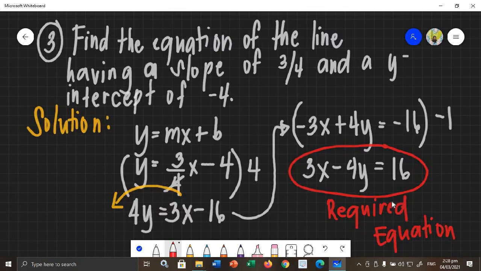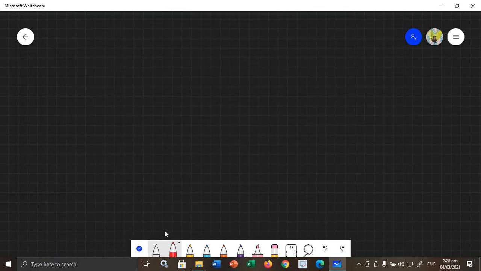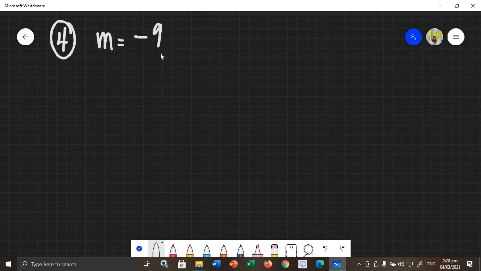Okay, how about for our last example? Let's say we will find the equation of the line given na yung slope niya is equal to negative 9 over 7 and yung y-intercept niya is equal to 10. Okay?